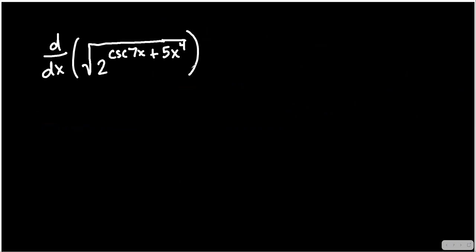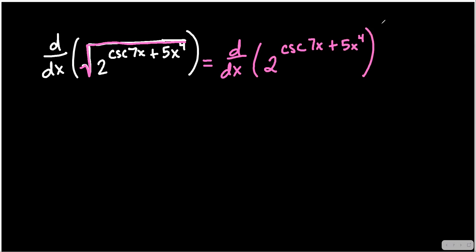Now I'm really looking at the derivative of this square root function. So what I get is the derivative of 2 cosecant 7x plus 5x to the fourth raised to the 1/2. There's our square root piece.